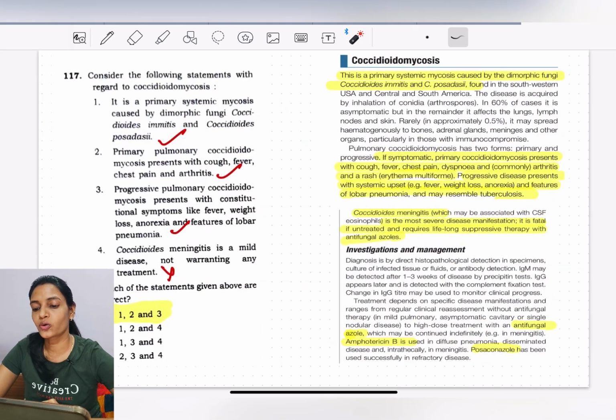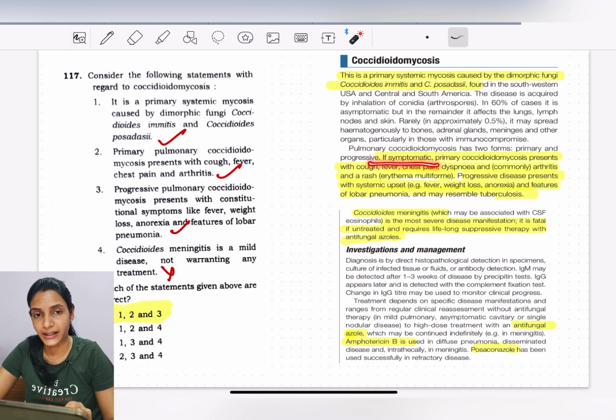Next they are talking about coccidioidomycosis. Coccidioidomycosis is a primary systemic mycosis caused by the dimorphic fungi Coccidioides immitis and posadasii. If symptomatic, primary coccidioidomycosis presents with cough, fever, chest pain, dyspnea, while progressive disease presents with systemic upset and features of lobar pneumonia. And coccidioidal meningitis is the most severe disease manifestation.